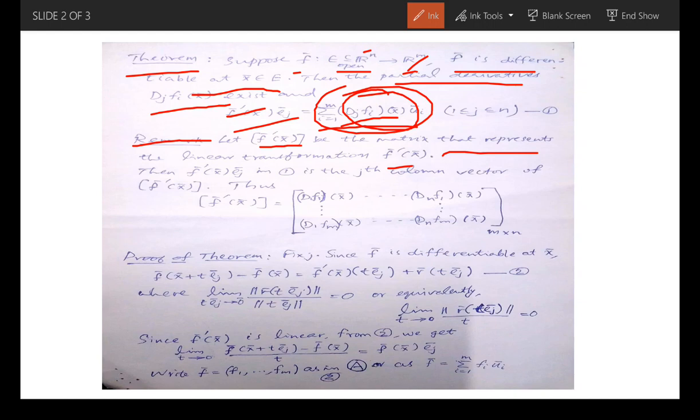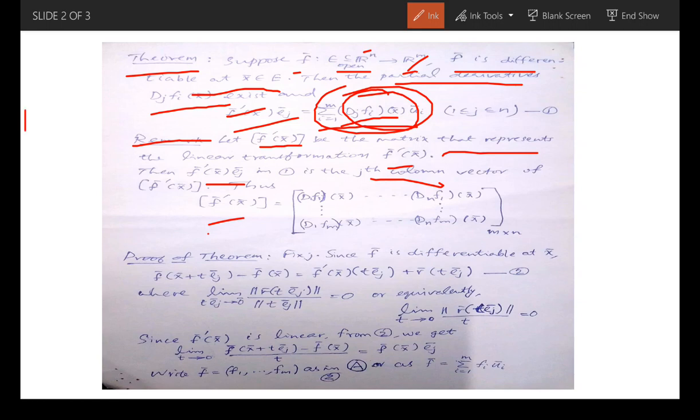Now given an m by n matrix Aij, call it capital A. What is Aej? Ej is the jth basis vector. So Aej, remember, represents the jth column of A. Therefore f dash x into ej, f dash x being a linear transformation, represents the jth column vector of the matrix.